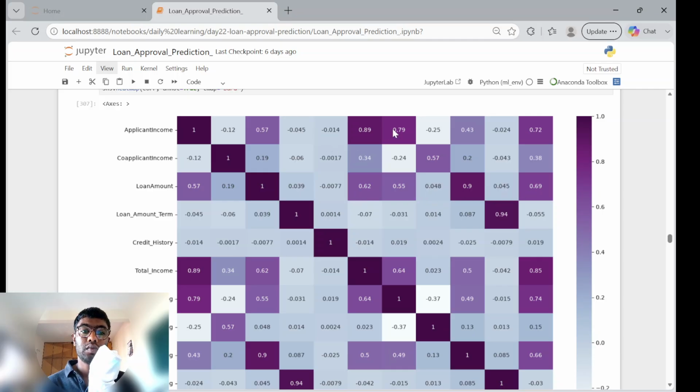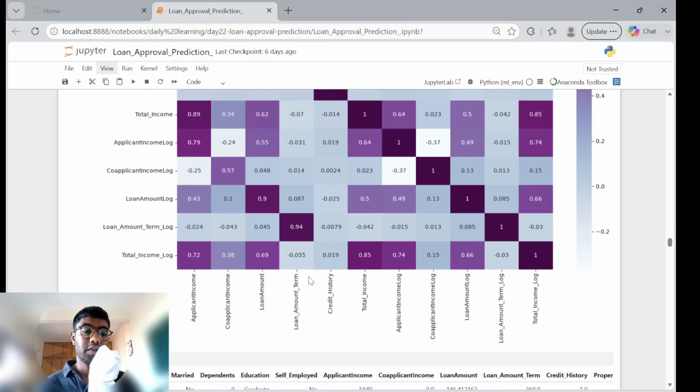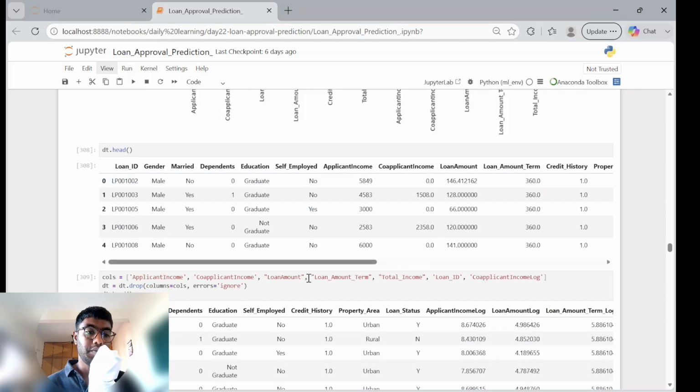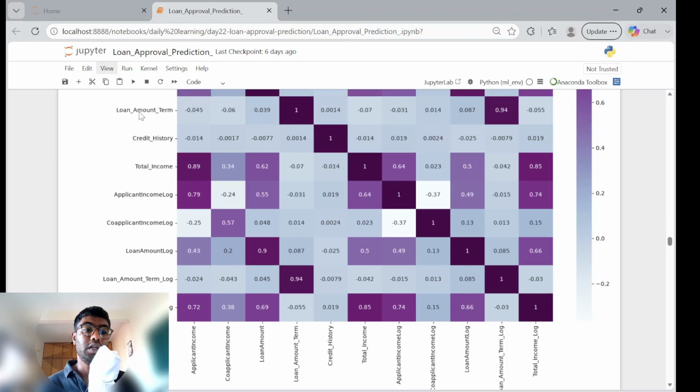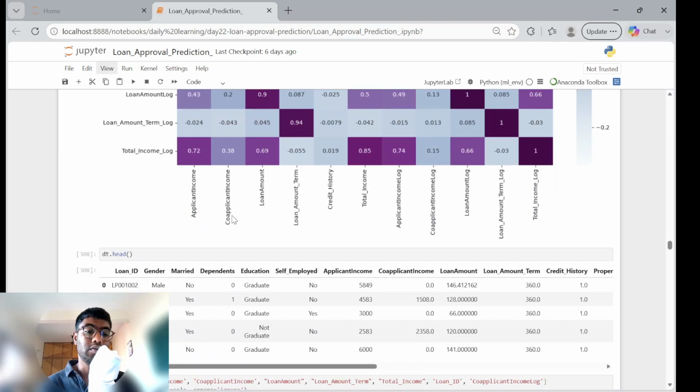So we can identify such interdependent features where increasing one can also increase the other, like for example an applicant's income might also result in the loan amount that he's looking to seek.